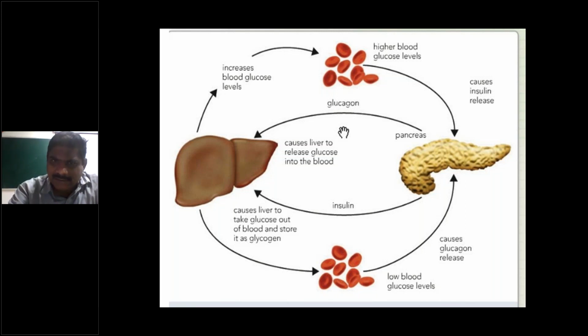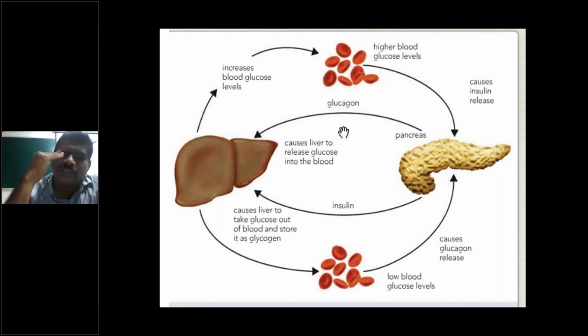The pancreas, the islets of Langerhans, releases the hormone insulin, which lowers the blood glucose level. Whenever sugar levels are low, there is a need, because as already said, our brain needs 120 grams of glucose.